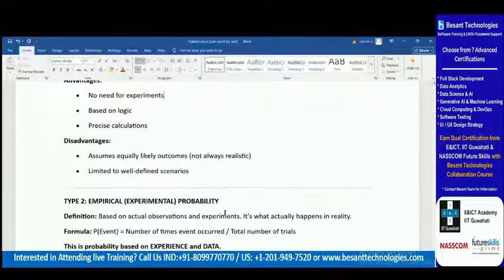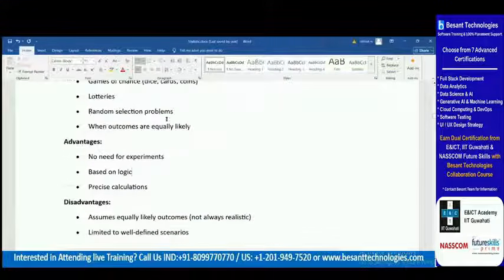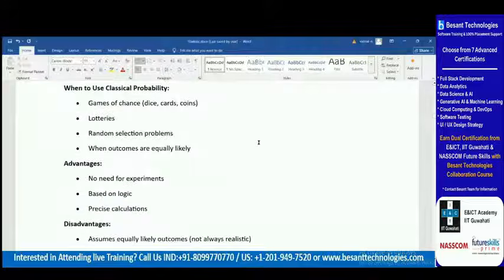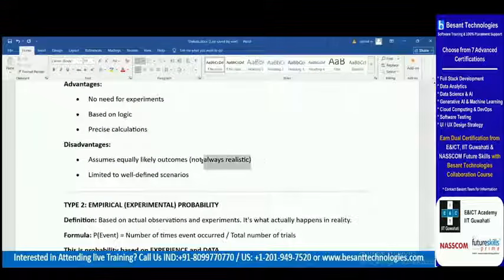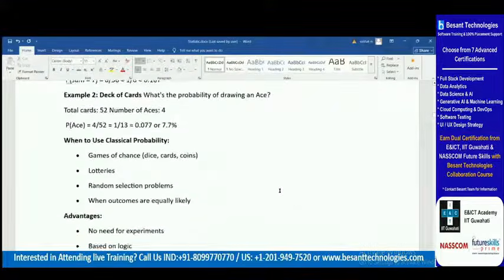These are not realistic data sets, no? You know this can occur, and you know the probabilities of occurrence, but that is not surety of what is going to occur. That is one of the disadvantages. And you don't know the scenarios, what is going to happen next in the future. So those are the disadvantages of using classical probability.